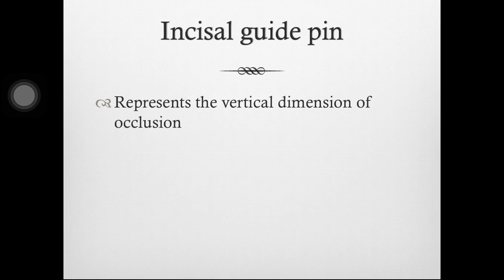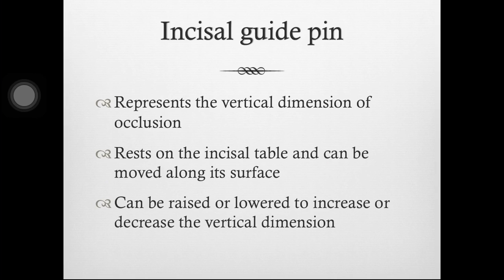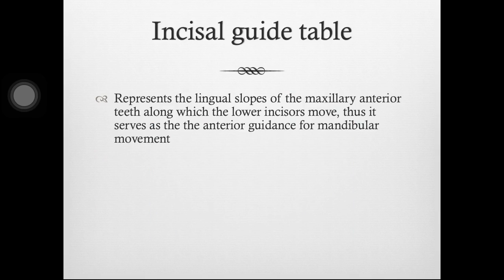Incisal guidance represents the vertical dimension of occlusion, and it rests on the incisal table and can be moved along its surface. It also can be raised and lowered to increase or decrease the vertical dimension. The incisal guide table basically represents the lingual slopes of the maxillary anterior teeth along which the lower incisors move.